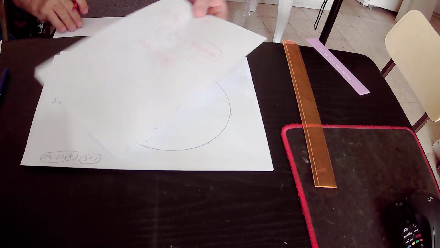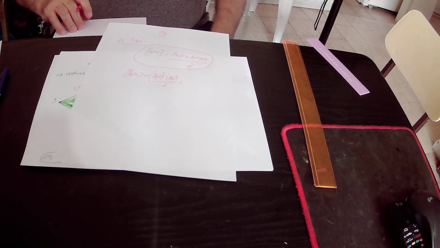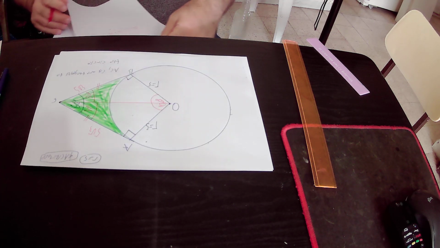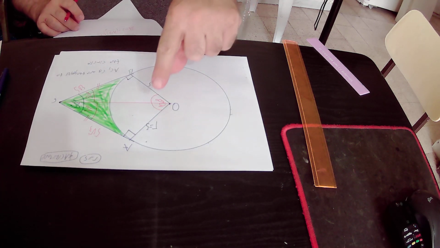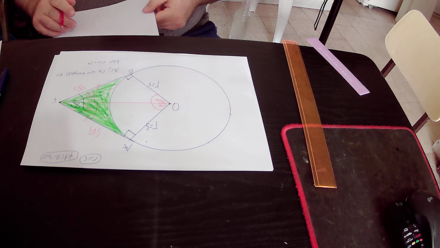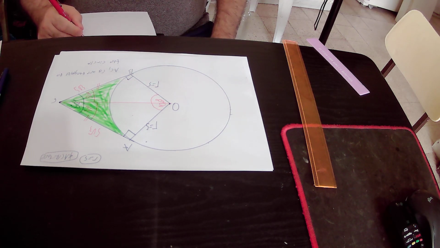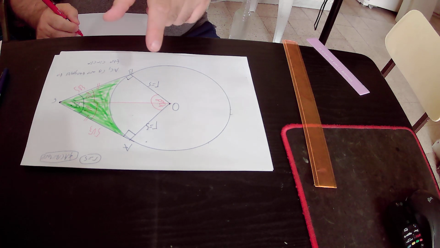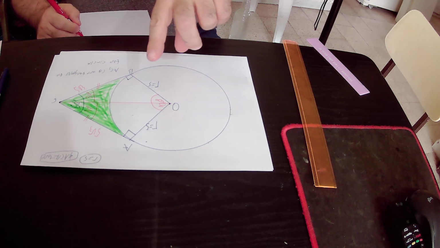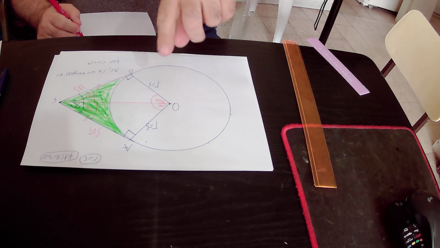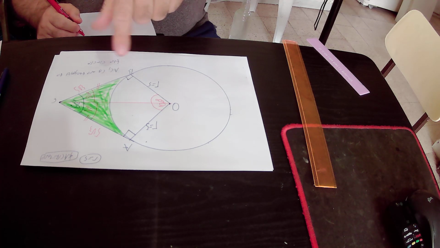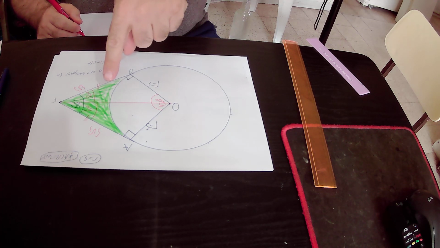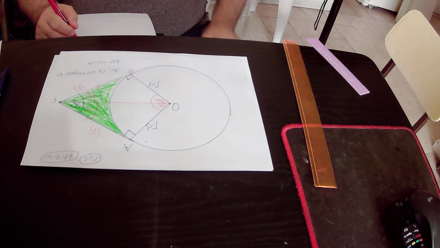So the area of triangle AOC equals AO times AC over 2. What is the value of AO? AO equals 5 units according to what is given in the question, and AC equals 5 times root 3 units.